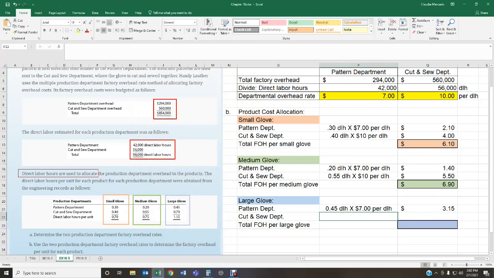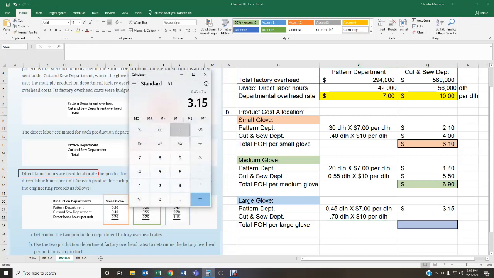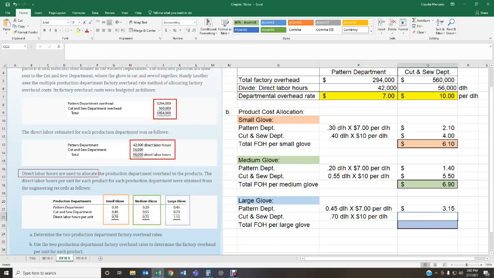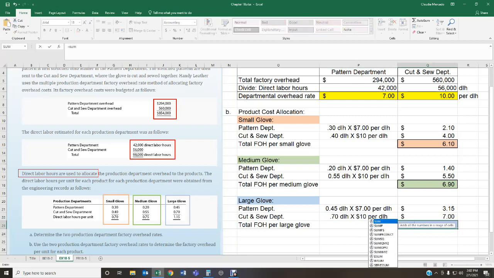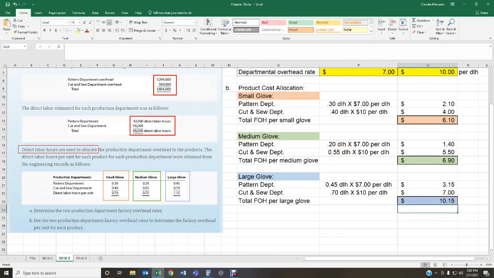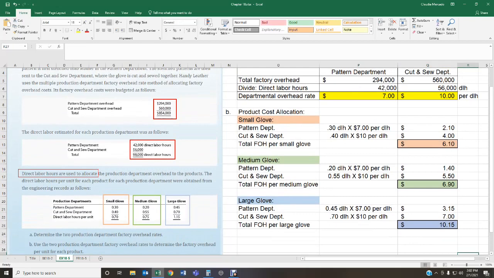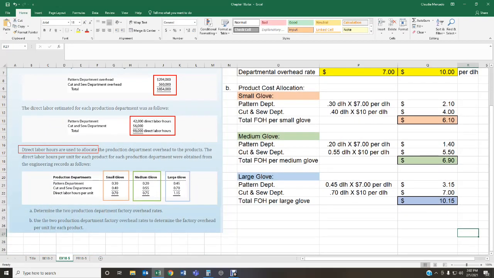For the cut and sew department, it takes me 0.70 direct labor hours times my $10 per direct labor hour, and that gives me $7. We add those 2 together, and that gives me $10.15.